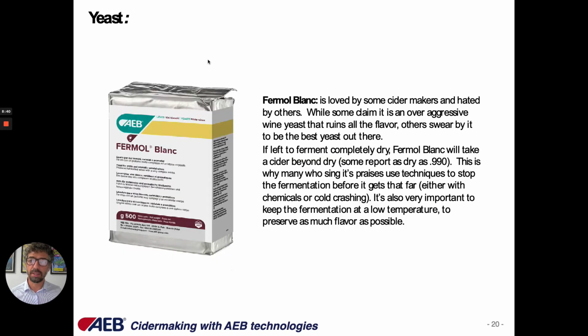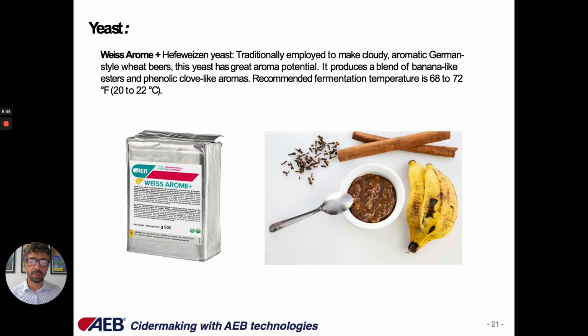A similar yeast belonging to the same subgenre of the bayanus is the Fermol Blanc, which we also ferment very dry. It will leave a little more of its own characterization of fruit, but also is very apple forward. More characterizing yeasts we borrow from the brewing industry.